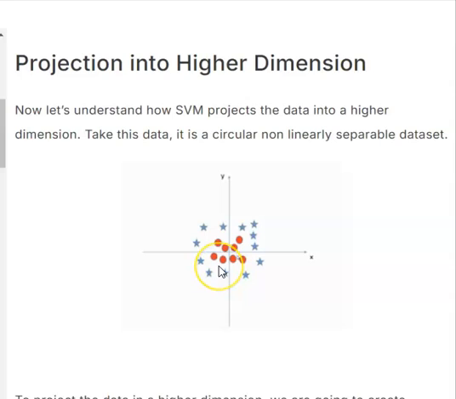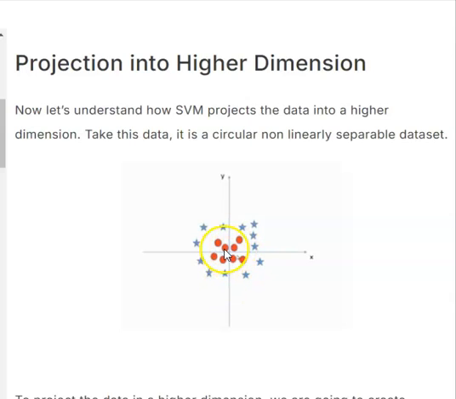The kernel trick is like giving SVM a superpower. It takes the complicated data which cannot be separated and transforms it into a higher dimensional space. Very simple, just imagine this. You just add a dimension over here, the z-axis, which is pulled towards you. We have the x and y axes, and the z-axis would be towards you.